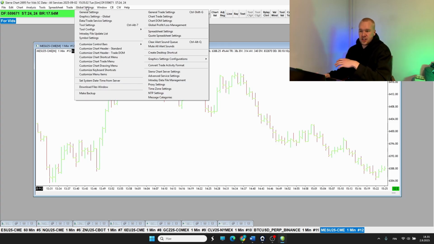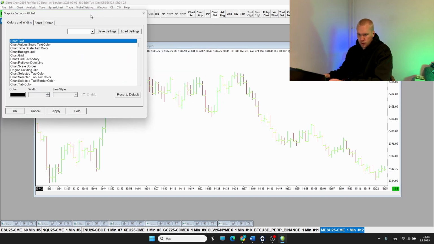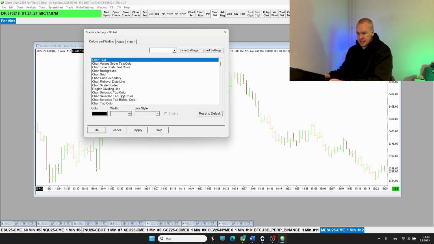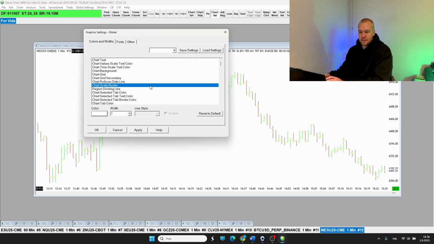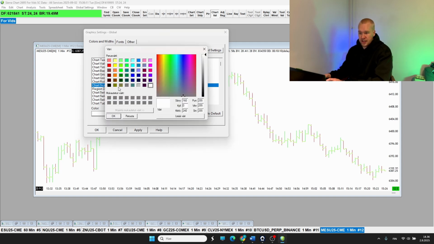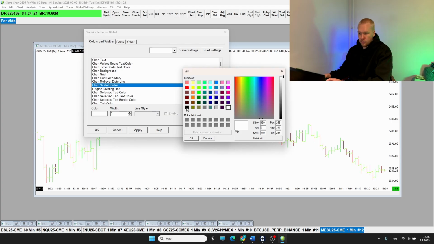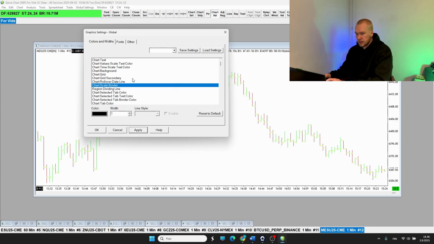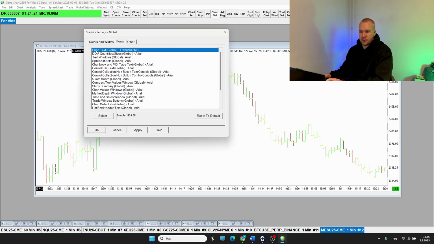So let's come firstly to the global settings, and we want to change some of the graphic settings here on the global. I don't have to do this anymore, but you have to. So if this is your first time making a chart in Sierra Chart, basically the only thing in the graphic settings you want to change is the scale border. You want to make it black. And also you might want to set your own fonts here on the chart text so it looks to your liking.